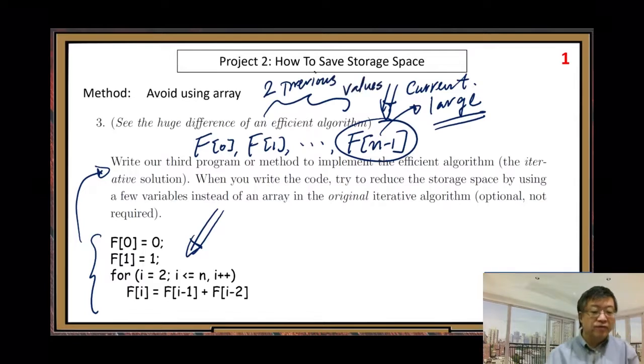That's enough. All other numbers before these 2 most recent Fibonacci numbers, we can throw away, right? We don't need them. With that idea, we can save a lot of storage space.